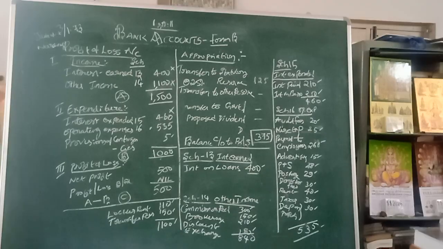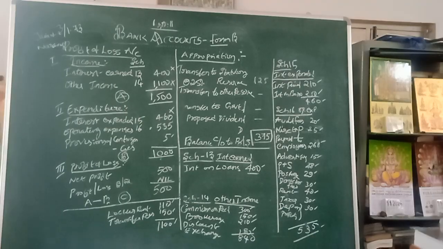Now we have taken all the items and appropriate schedules are prepared. Now you total the schedule. Interest earned, schedule number 13, is taken in that place. Another one, other income, that comes to 1100. That one is taken in the income side, other income, schedule 14. Then interest expended, that means the interest expenses you made, comes to 460 rupees, taken in schedule number 15, interest expended.